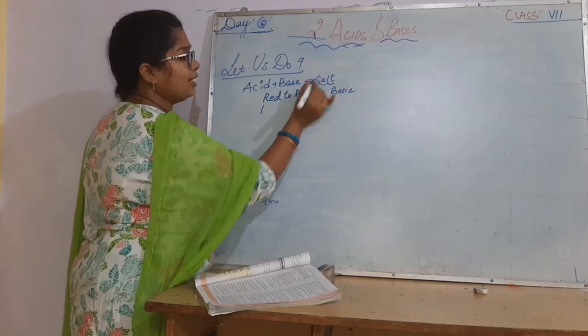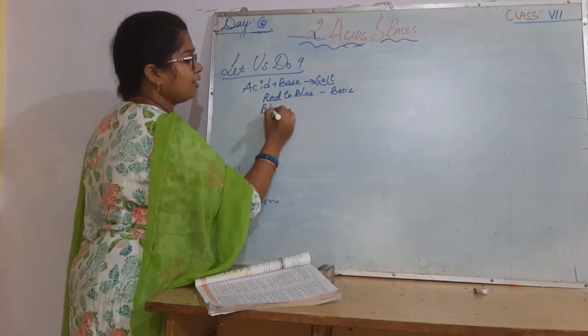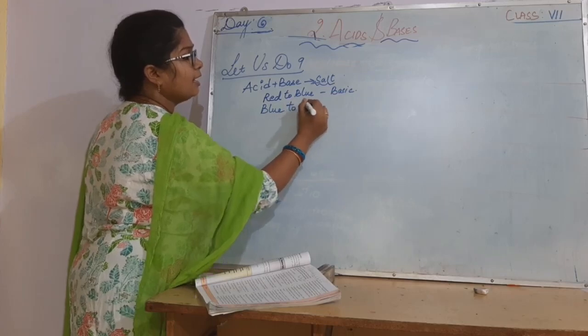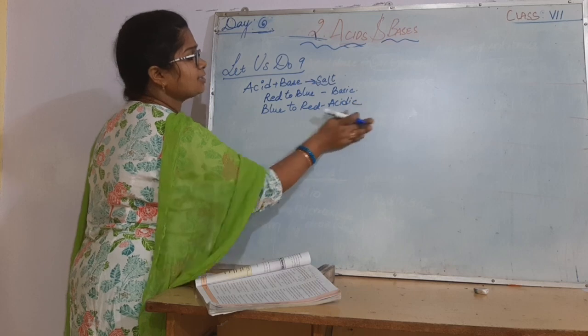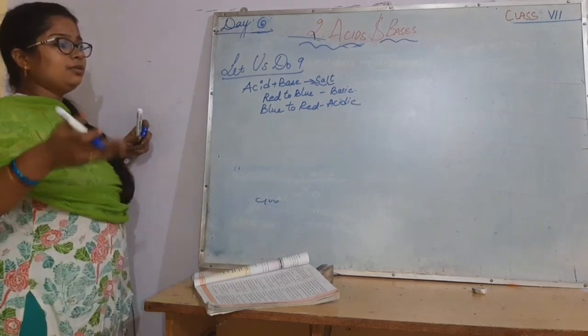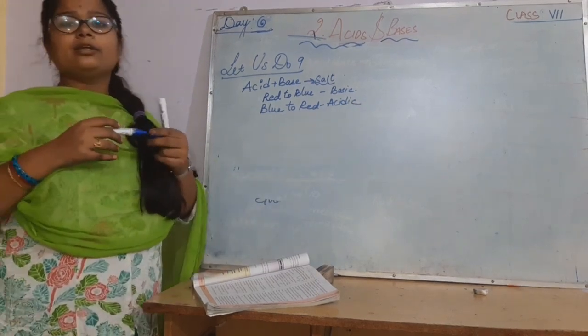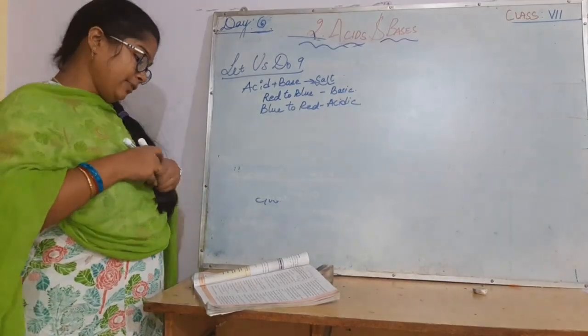And if this salt turns blue to red, it is said to be an acidic salt. And some salts do not show any changes, and they are called neutral salts.